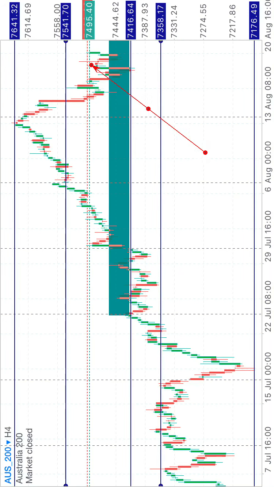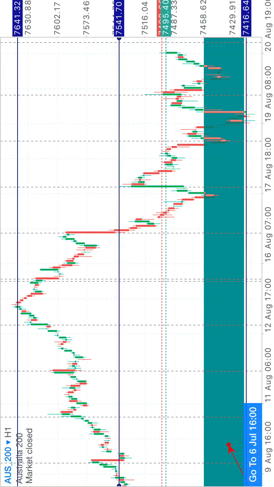Of this neckline, because remember, this is an inverse head and shoulder. When that inverse head and shoulder is formed around a support level, it means that prices are ready to what? To do a reversal. So how do we trade the head and shoulder? You can trade the head and shoulder on the second leg, or you can trade it after the breakout of what? Of the neckline.